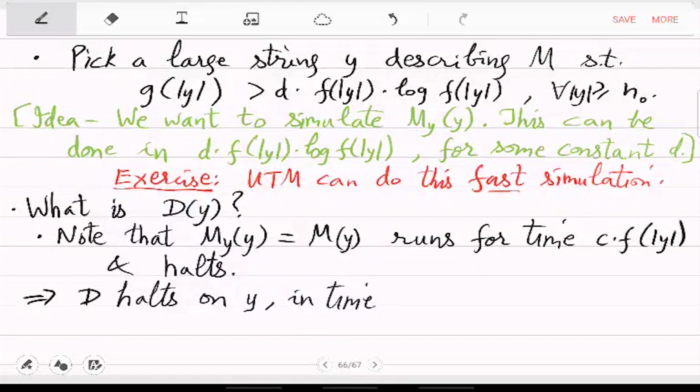because what will D do? D will be simulating M_y on y, right? So D simulates this in step 2.